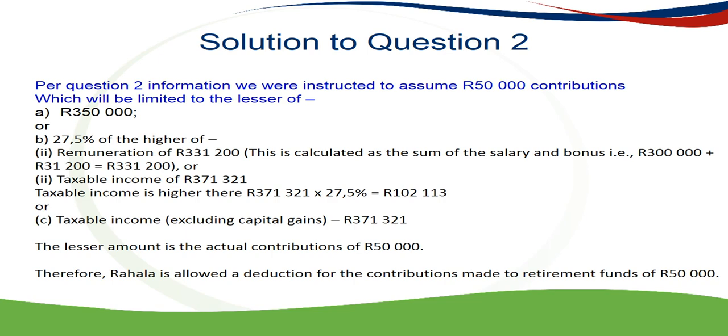You multiply that by 27.5%, and then the third option to use for the limitations would be taxable income excluding capital gains. If you look at the above three solutions, they are all higher than the actual contributions. Therefore, the lesser amount will be actual contributions. The total deduction for contributions made to the retirement funds will then be 50,000.